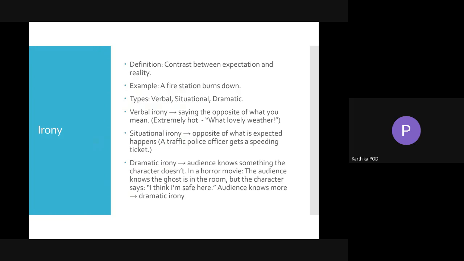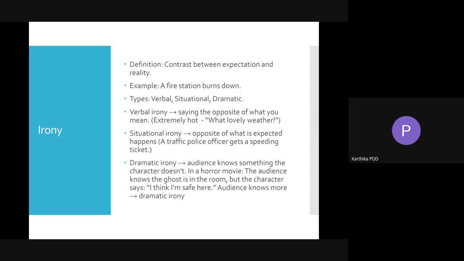Okay, now another irony is, it's an extremely hot day, and then you say, wow, what a lovely day, what a wonderful weather. This is a verbal irony. You don't have to look at the terms, you just need to know irony.